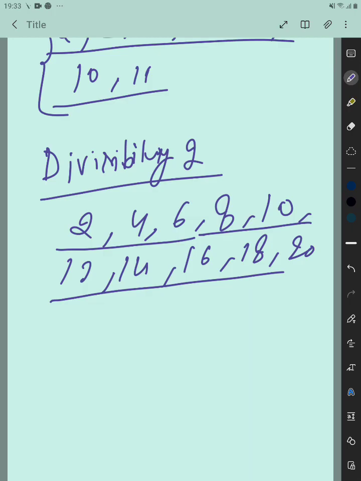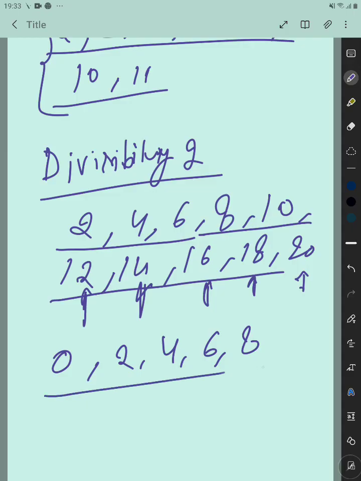What we see is that the unit digit has something unique: if the unit digit is 0, 2, 4, 6, or 8, then the number is divisible by 2.